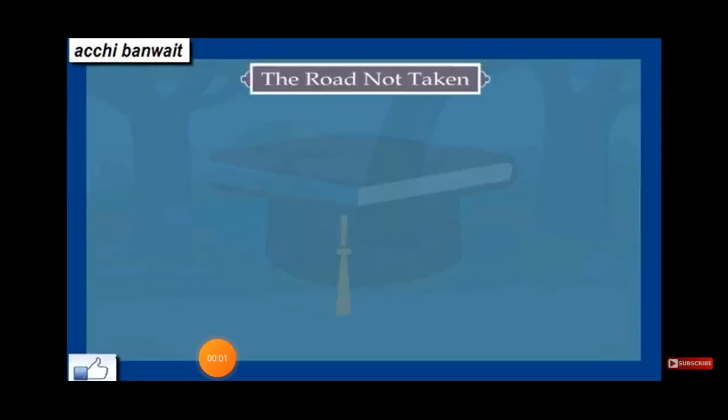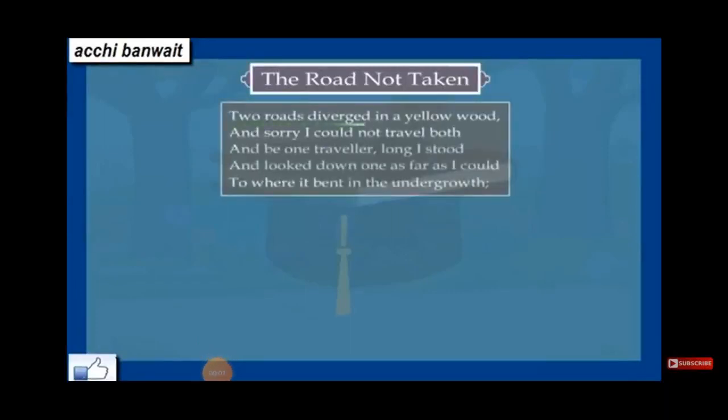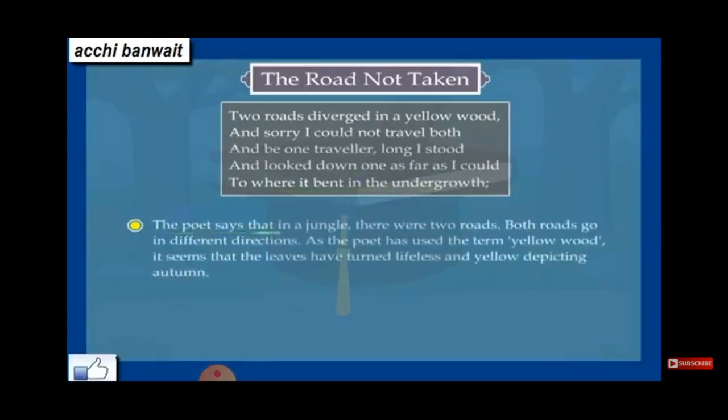Two roads diverged in a yellow wood, and sorry I could not travel both, and be one traveller, long I stood, and looked down one as far as I could, to where it bent in the undergrowth. In this stanza, the poet says that in a jungle there were two roads.